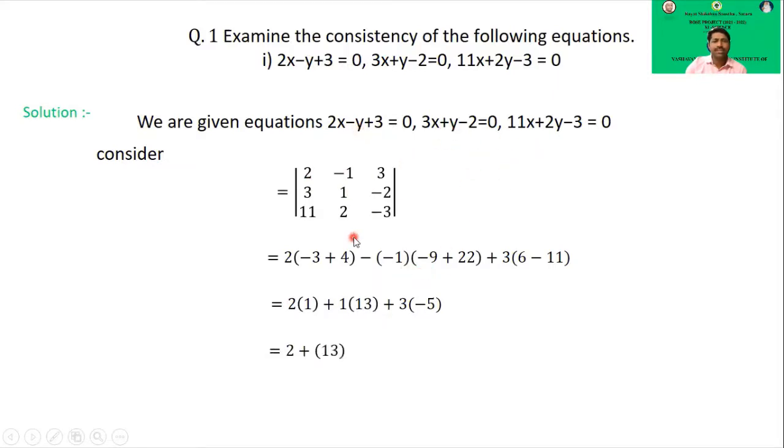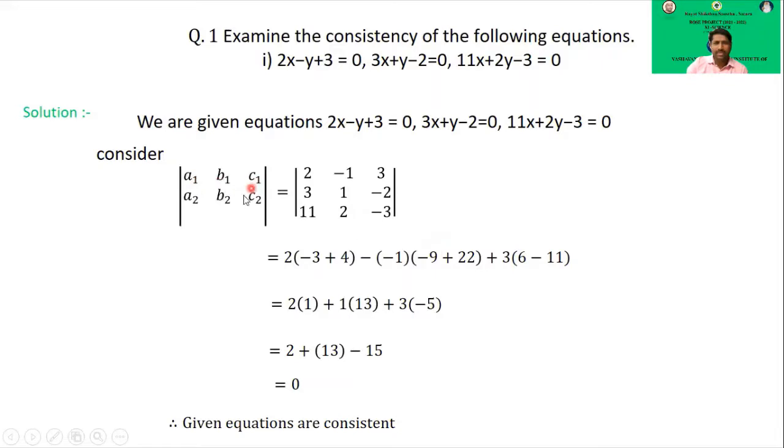And if we expand this determinant, you will get the value that is 15 minus 15, 0. So given equations are consistent. बघा आपण त्याचा कोएफिशिएंटचा डिटरमिनंट सॉल्व केला, तो एक्सपांड केला, तो व्हॅल्यू 0 आली. Therefore they have the common solution. So given equations are consistent. ठीक आहे. A1 B1 C1 A2 B2 C2 A3 B3 C3 मध्ये हे रिप्लेस करून एक्सपांड करून व्हॅल्यू 0 आलेले.